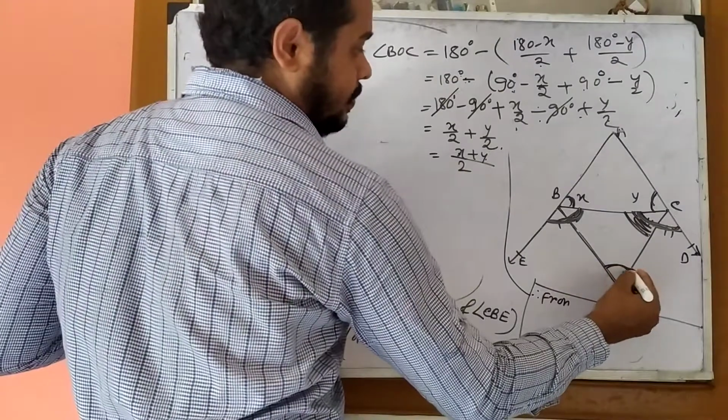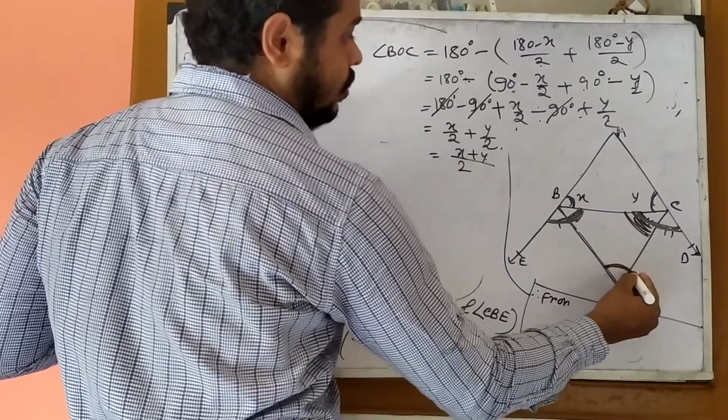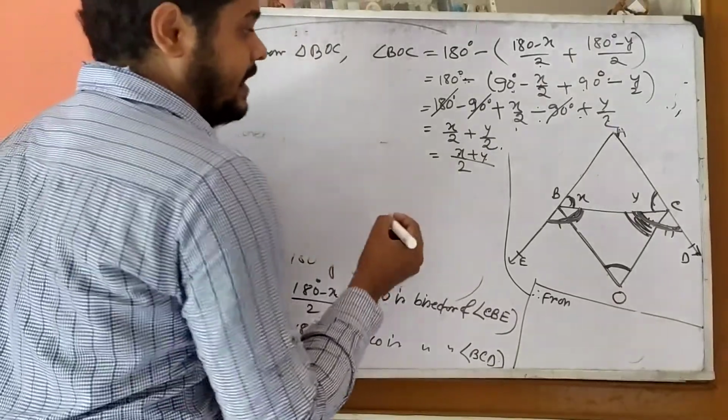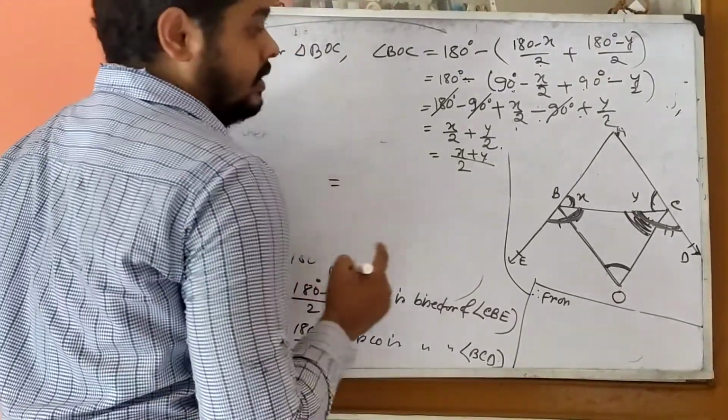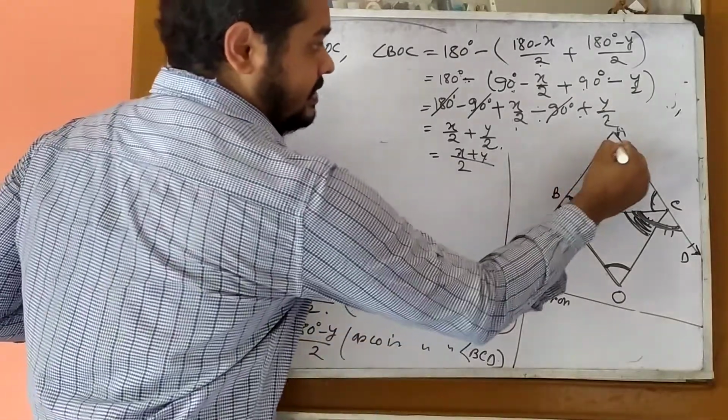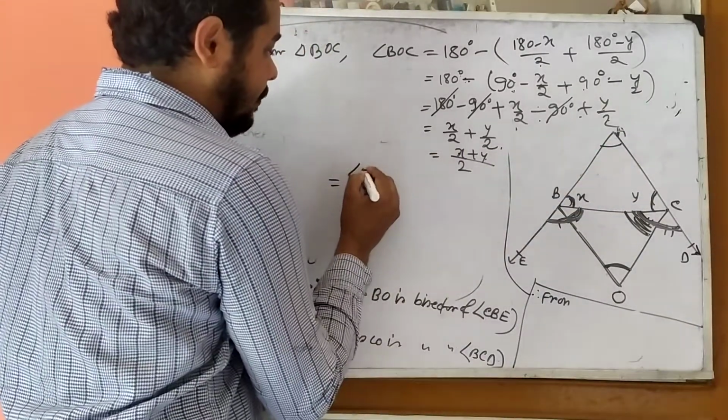Now we have to prove that this angle equals 90 minus half of angle BAC.